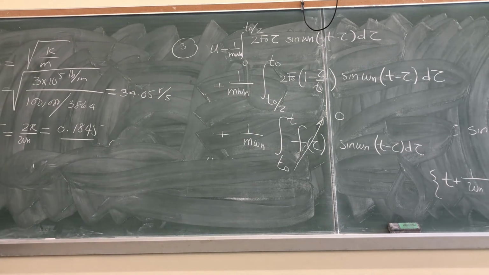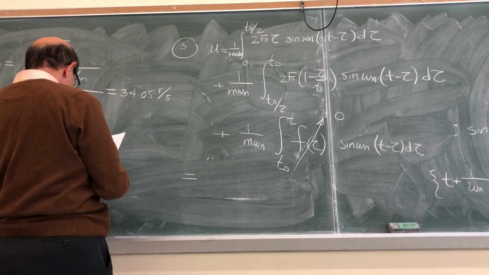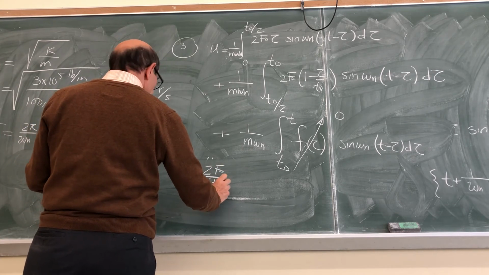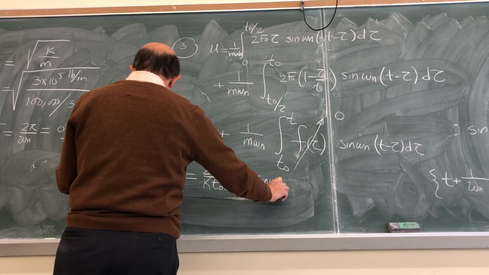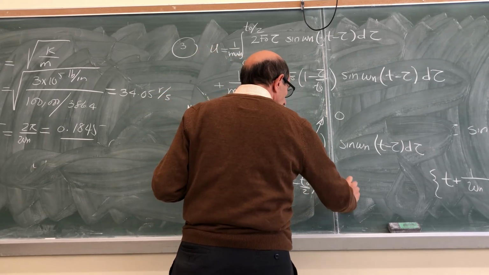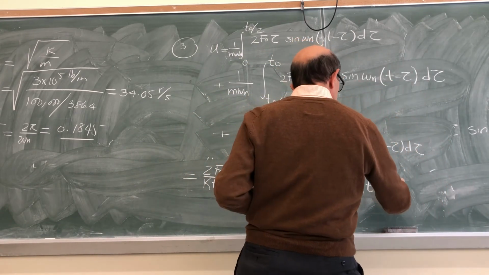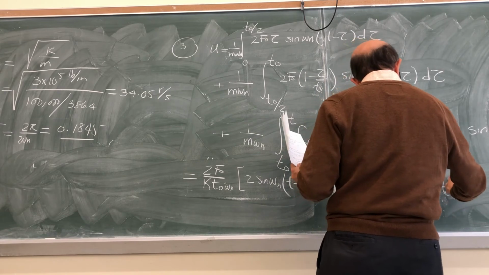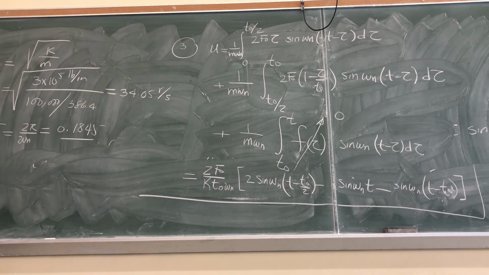So the response from this point on would be just summation of these two, that if you simplify that, you get 2f0/k t0 ⍵n times (2 sine ⍵n (t minus t0/2) minus sine ⍵n t minus sine ⍵n (t minus t0)). Okay. So this is for the third region.